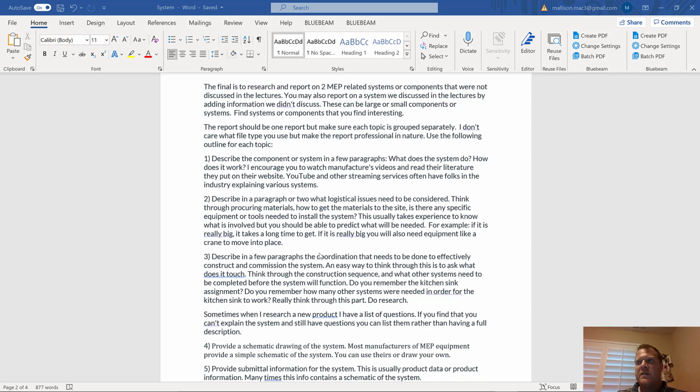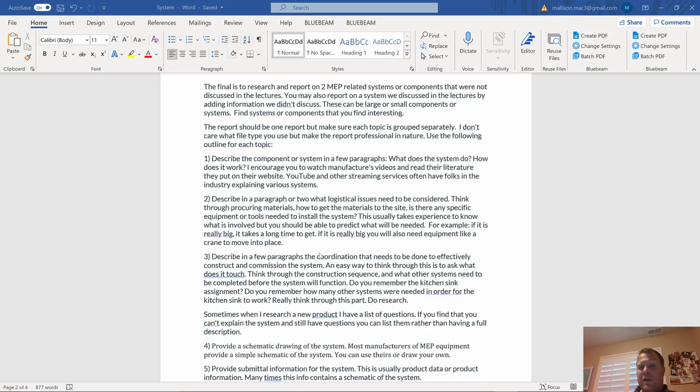Another good example of another small system would be a water softening system for a residence. They're not very complicated. There's only a few components in it, but that's a good system.